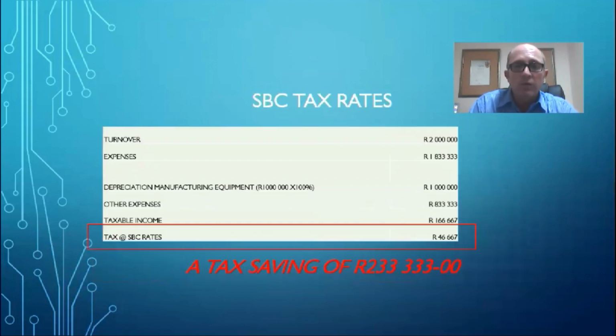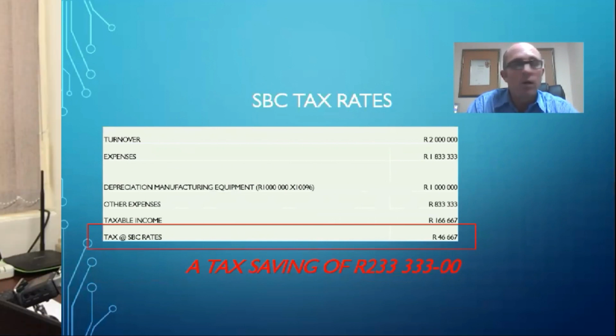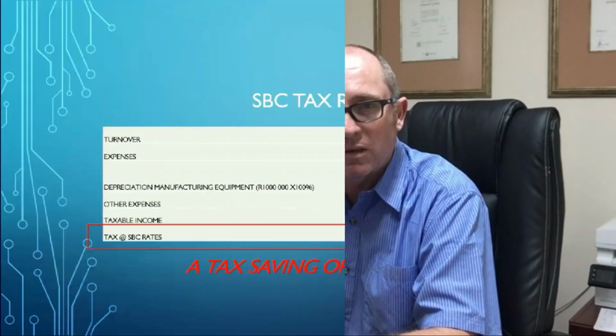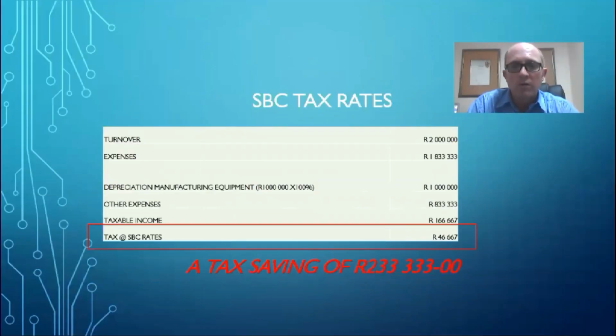So now, in the case of a small business corporation, you can see that with exactly the same calculation, if you have a turnover of 2 million rand, then you've got expenses. You can see over there depreciation of manufacturing equipment. If you're using those sewing machines in the manufacturing industry, then you're allowed to use that 100% depreciation rate that I was talking about just now. So in the first year that you bring that machine into operation, you can write off the full million rand immediately as an expense. That is what happened on the slide over here.